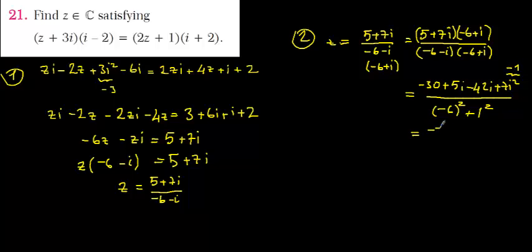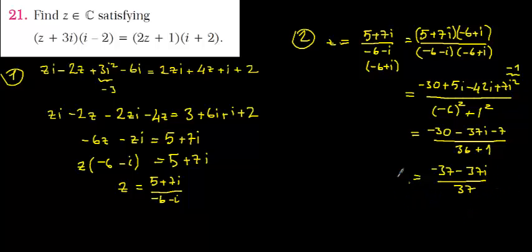So minus 42i plus 5i is equal to minus 37i, over 36 plus 1, which is 37, and minus 30 minus 7 is equal to minus 37, so minus 37 minus 37i over 37.